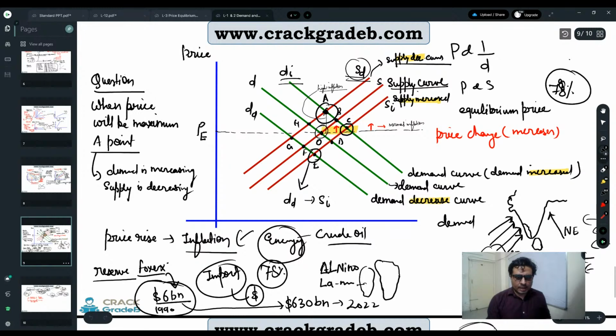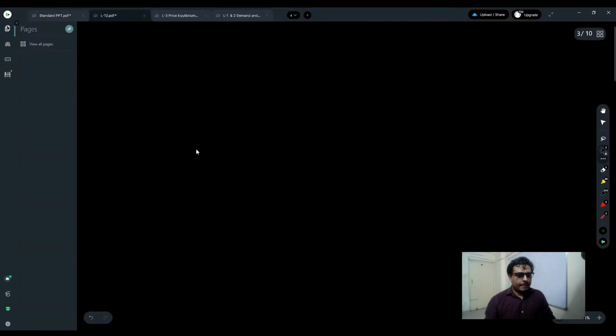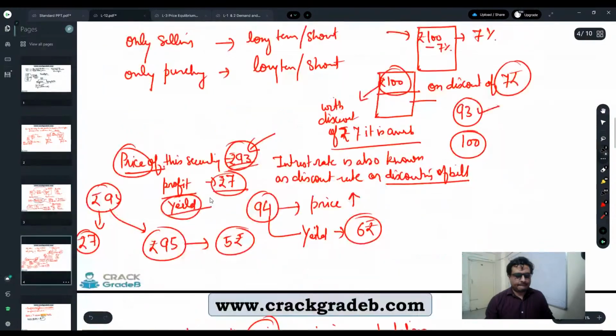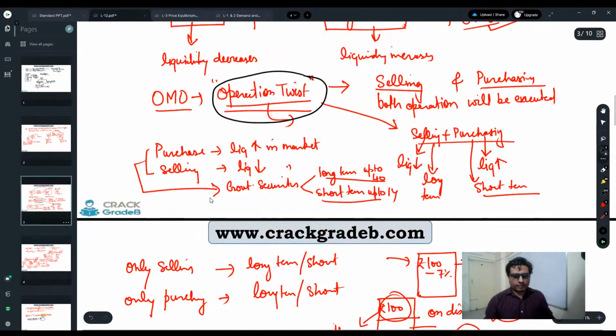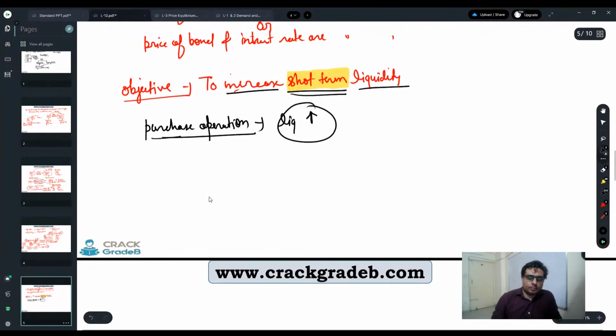I have explained the price mechanism in this diagram. So you can go to that lecture and go to that part to understand it, right? I'm just giving you the reference.